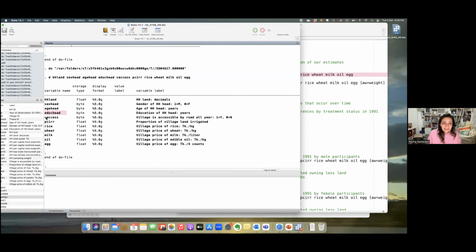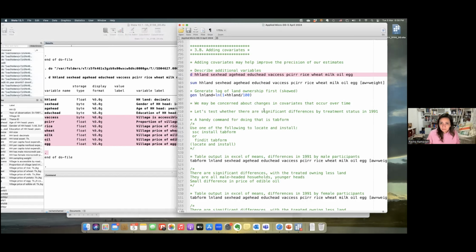We have the characteristics of the village, if the village has access to roads or not, the part of land in the village that is irrigated, and the prices of main food products like rice, wheat, milk, edible oil, and egg, because we believe all this would affect the total expenditure of the household. We will control for this in addition to the time dummy and the treatment dummy. Okay?